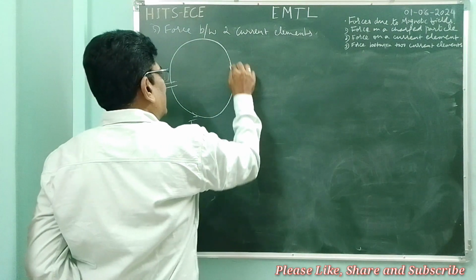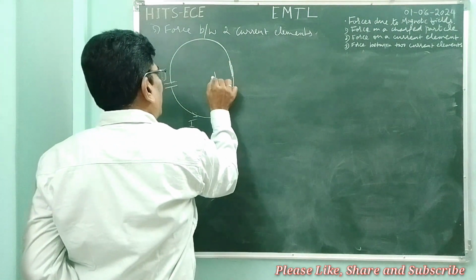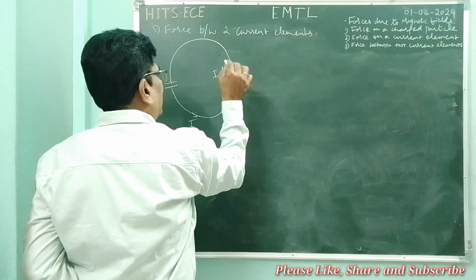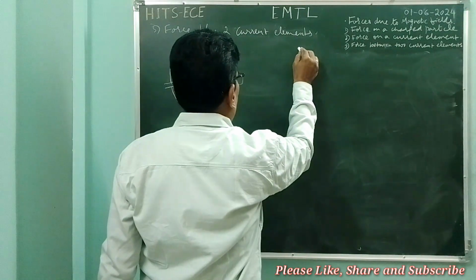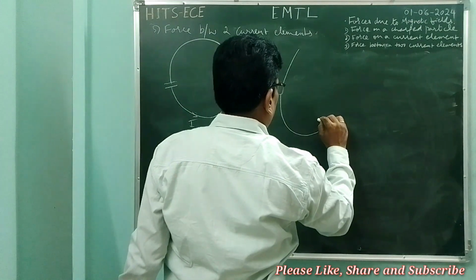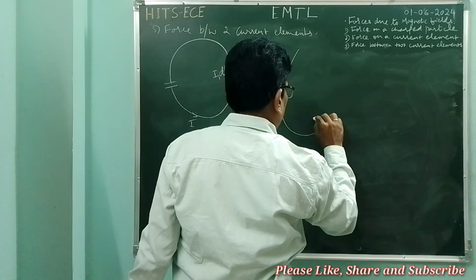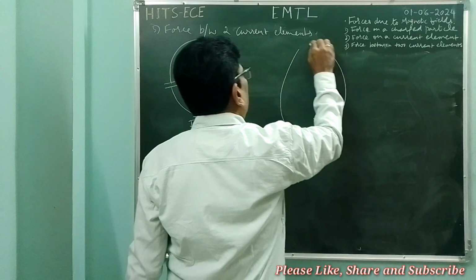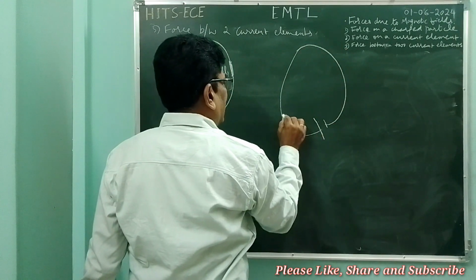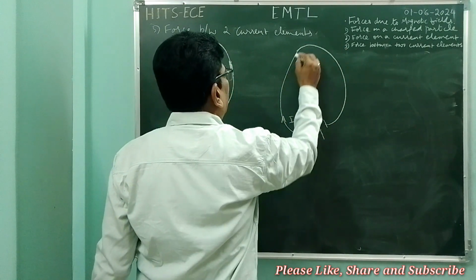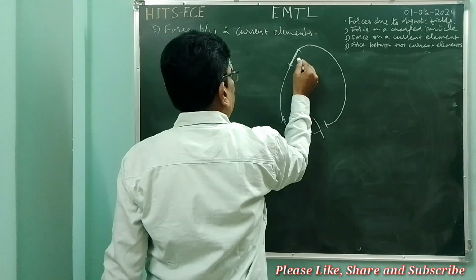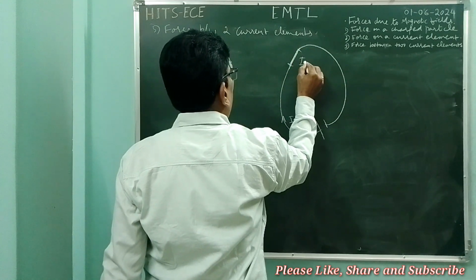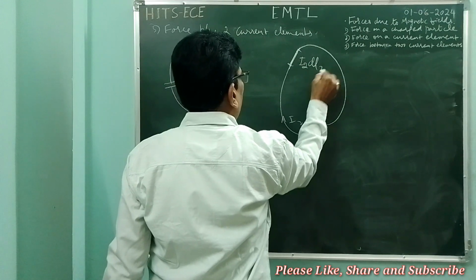So here let this be I1 dl1, and another loop. The current here is I2, and this is I2 dl2.